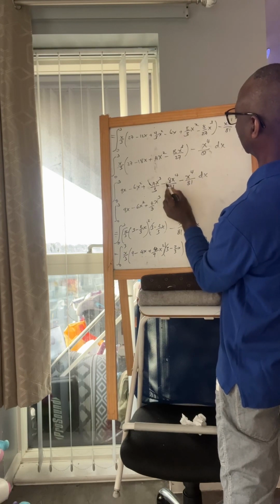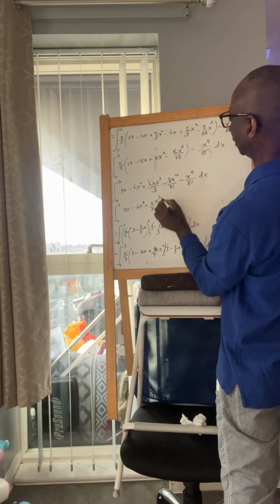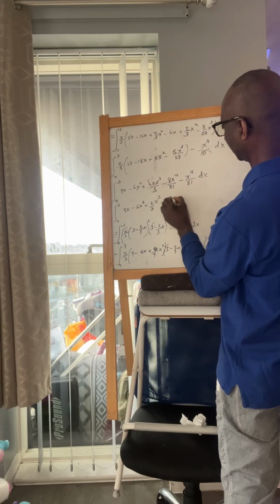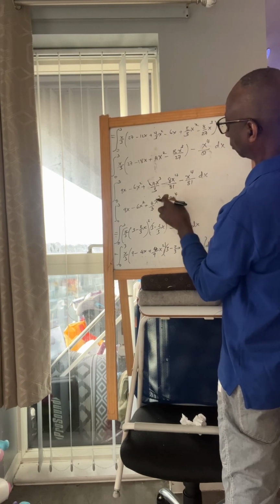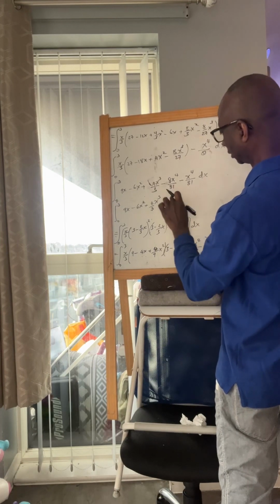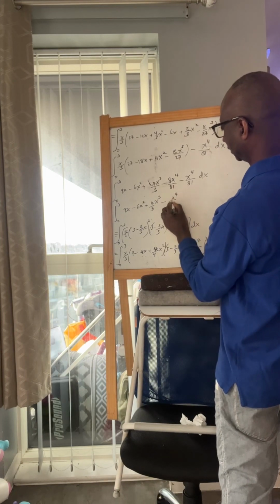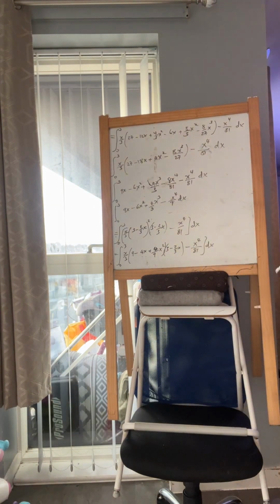So this is just minus x to the 4 all over 81, so this will give us minus 9x to the 4 all over 81. But 9 can go into 81 9 times, so this is going to be 1 all over 9 dx. This is what we got.